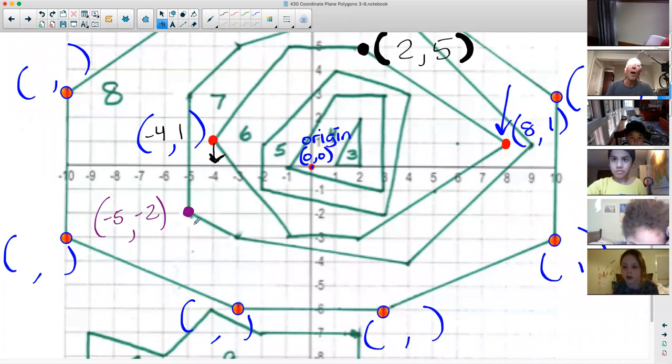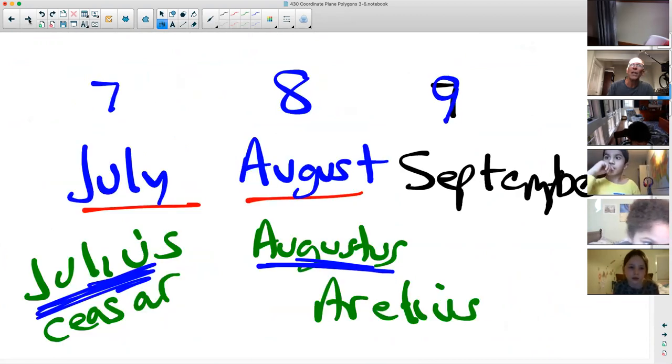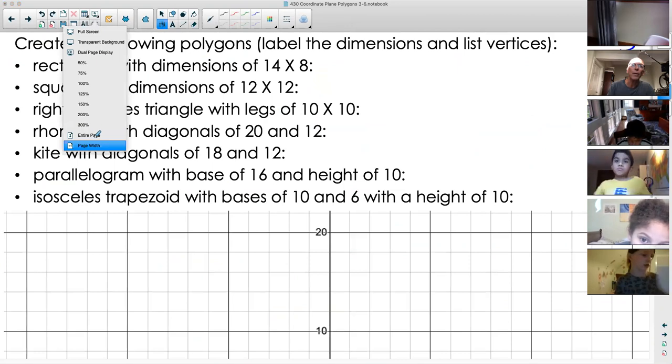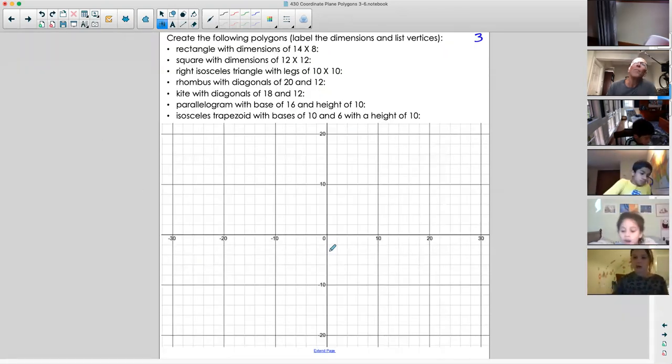Yes. Now, what I want everybody to do now is go to page 3, please. Everybody go to page 3. And on page 3, there is an instruction.